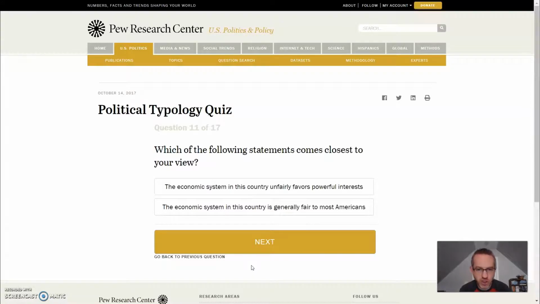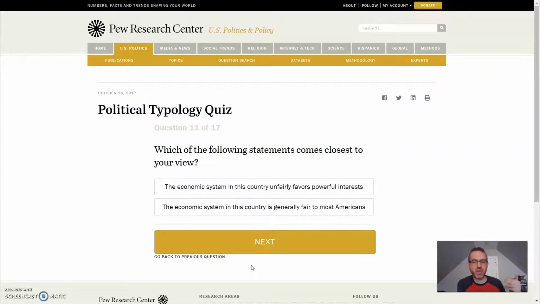All right. Do you think the economic system in this country unfairly favors powerful interest? In other words, if you have more money, your voice is going to go further than other people. That's the top one. Okay, that could be individuals, it could be corporations, it could be even people in government that have more money.